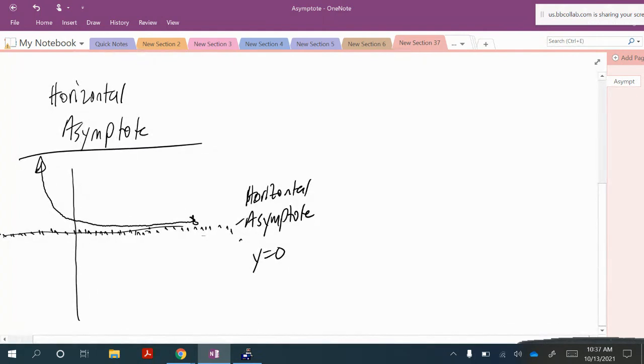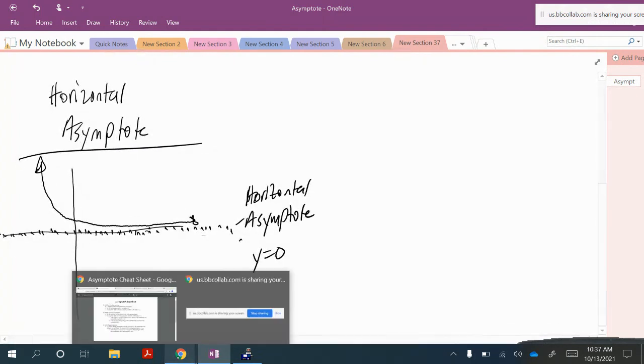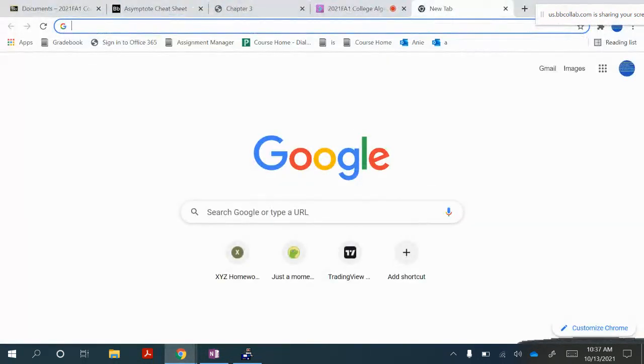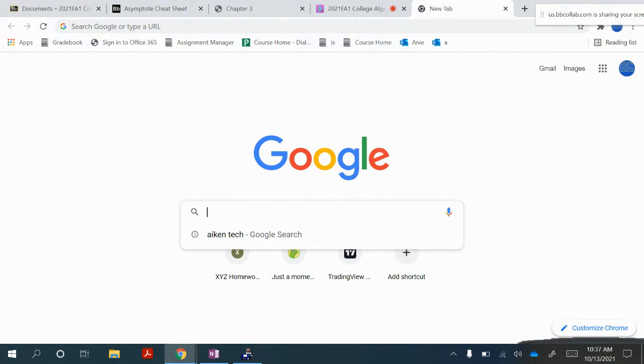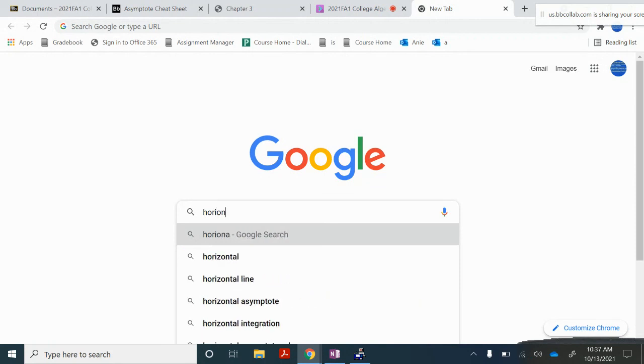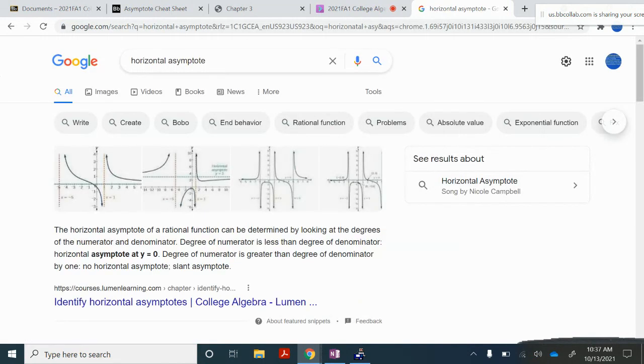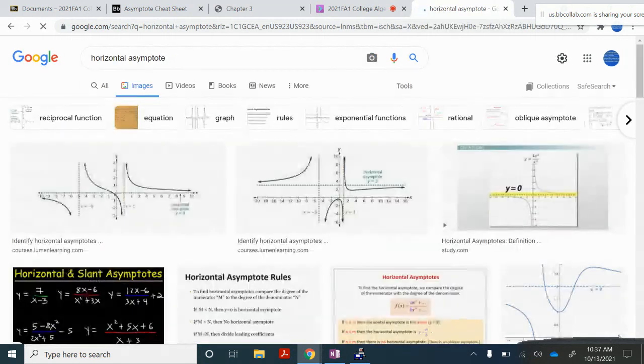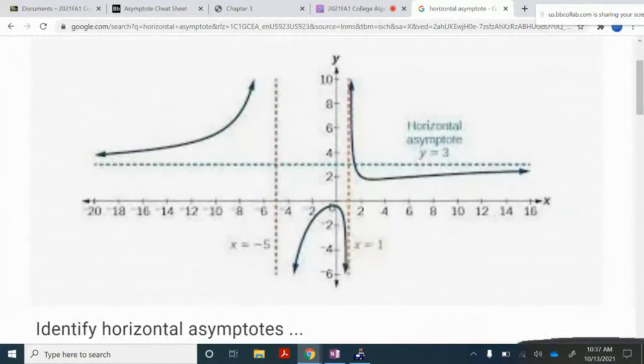I guess before I go any further, I'm just going to do a Google search and put in horizontal asymptote. All right, so here's some good pictures. This has it all in it. We'll just take a look at this one.